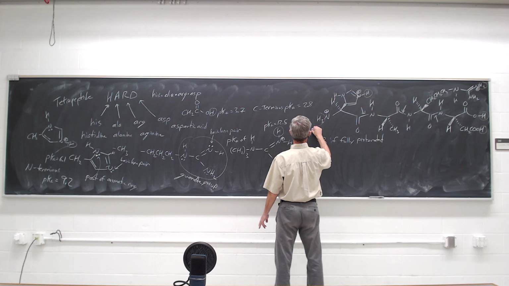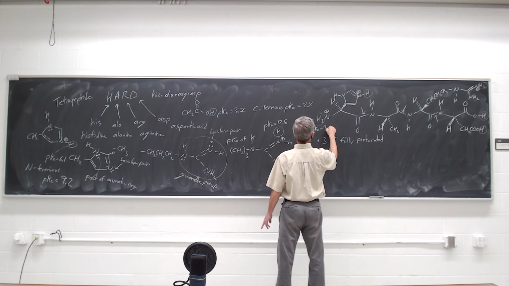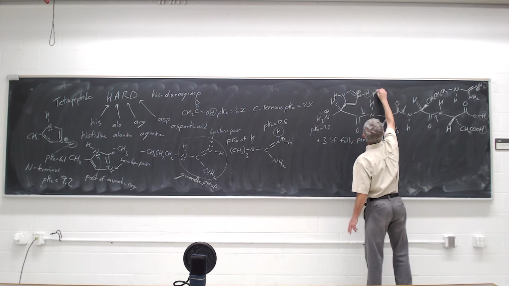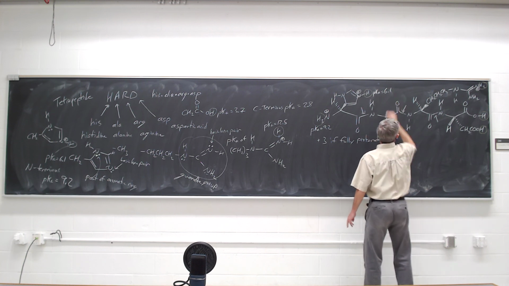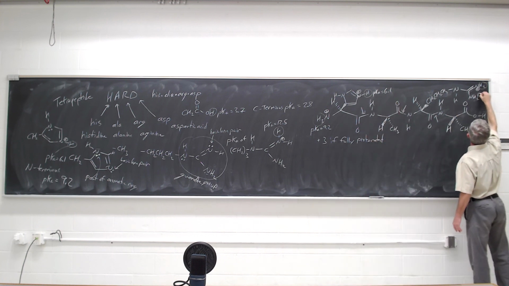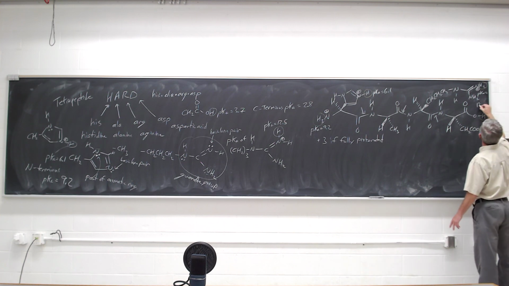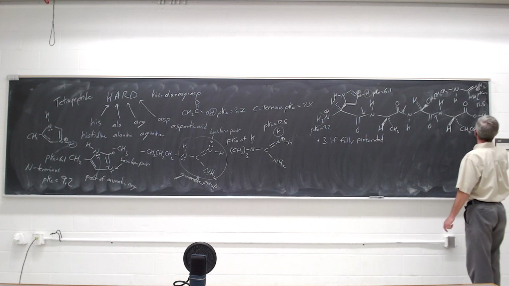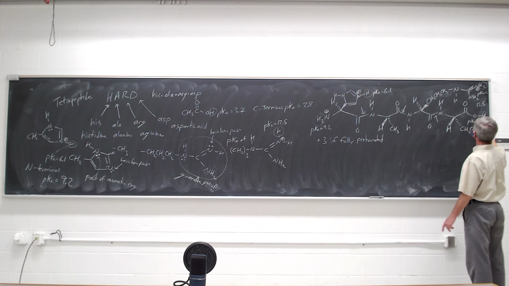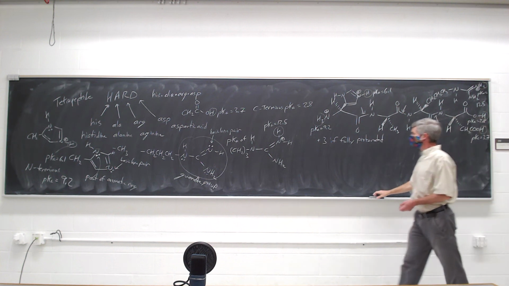This pKa is 9.2. This pKa is 6.1. This pKa is the one that's 12.5. That's the most basic of them all. The pKa of the terminus was 2.8. The pKa of that one is 3.7.